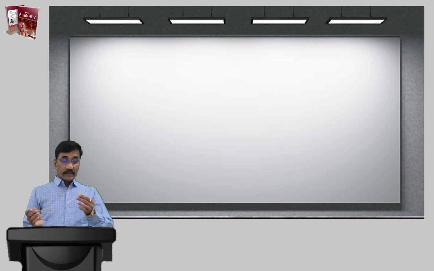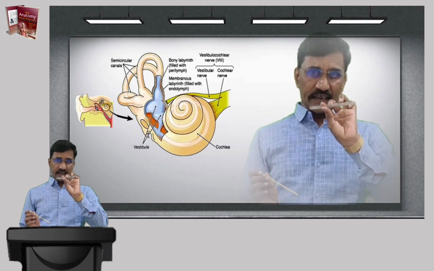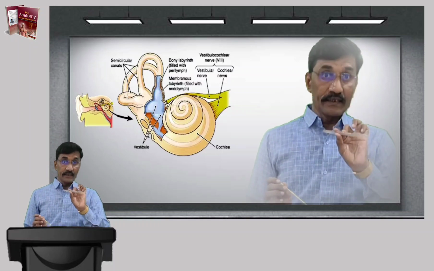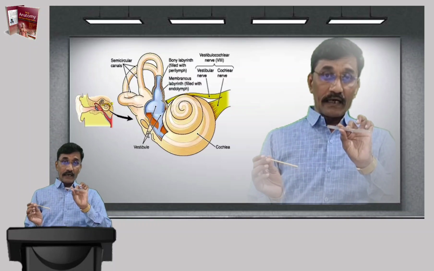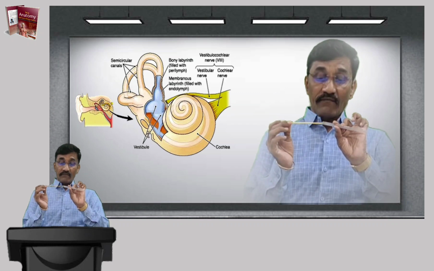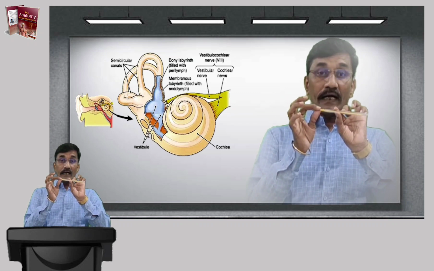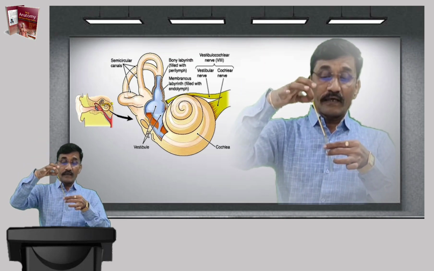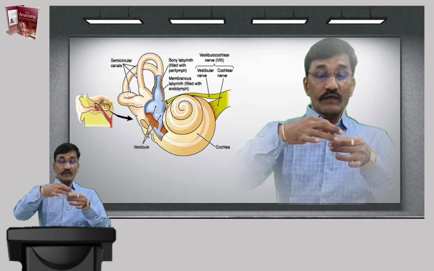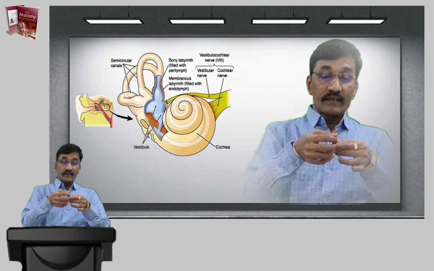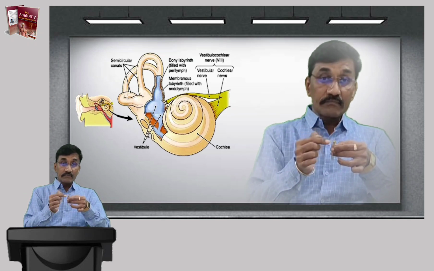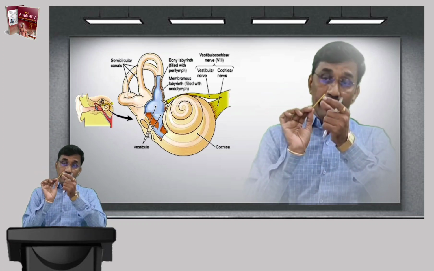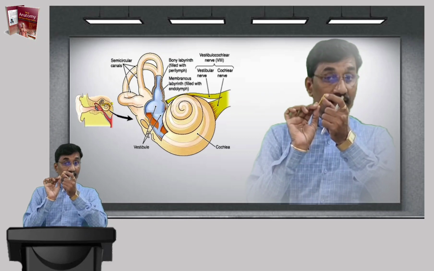Let me explain. Just think, this is the bony part, and this bony part has a labyrinthic part inside it. This is the labyrinthic part and this one is the bony part. If you look carefully, you will see that these 2 parts have some space between them, and inside the labyrinthic part there is also space.